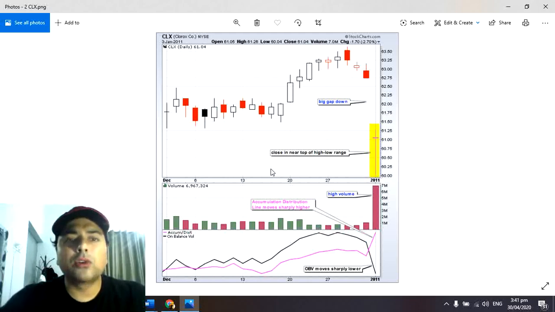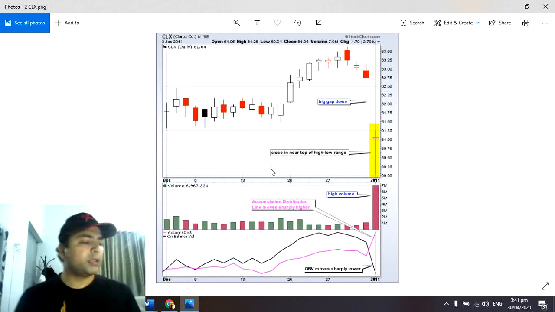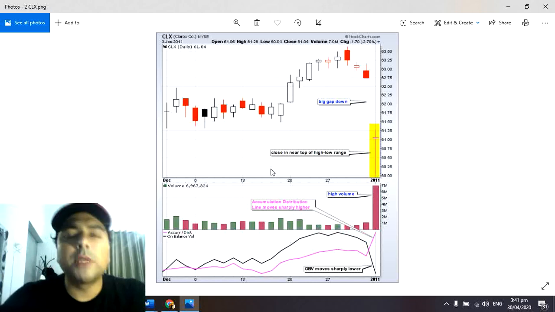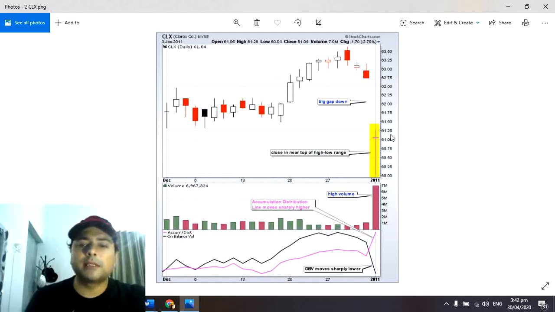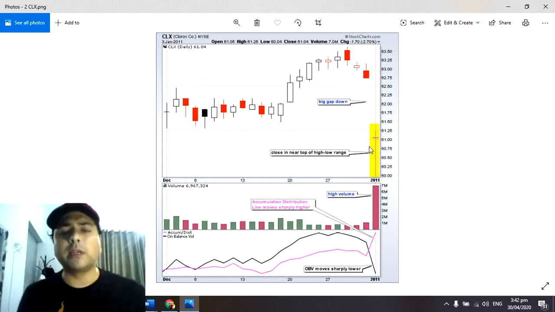Mr. Chaikin took a completely different approach by completely ignoring the price change from one period to the next. Instead, the accumulation distribution line focuses on the closing price of the current day relative to the high-low range for the current period.